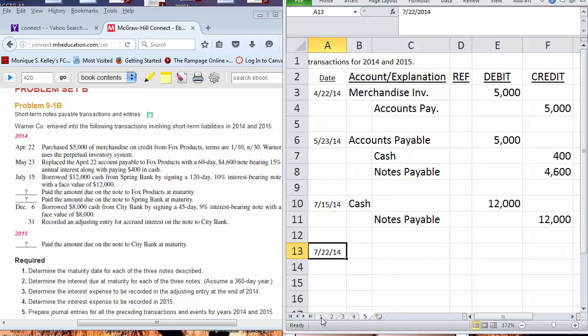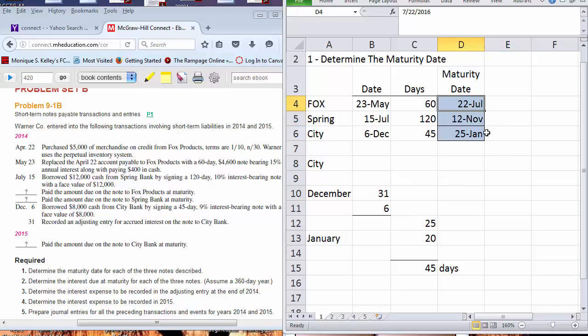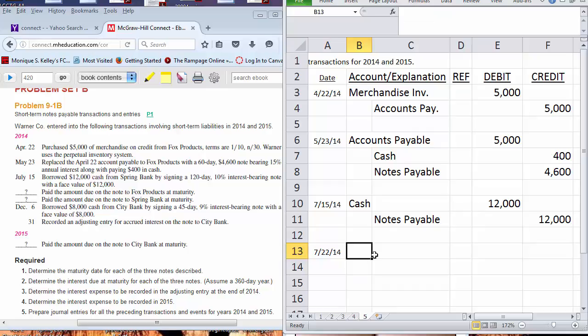Again, that's coming from our problem 1. It says July 22nd is the maturity date. So on this date, we are going to pay our cash. So we're going to debit the notes payable for the full amount of the principal. So 4,600.